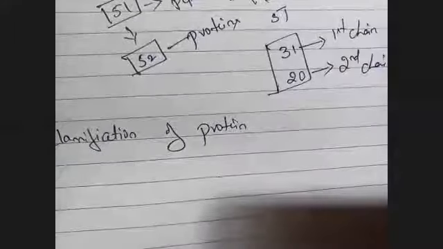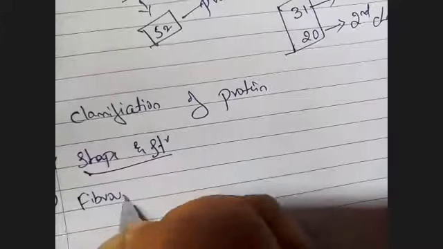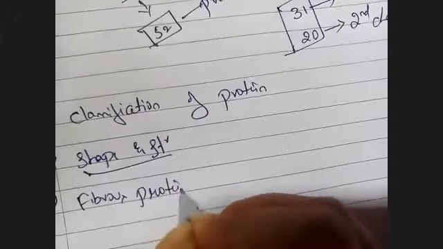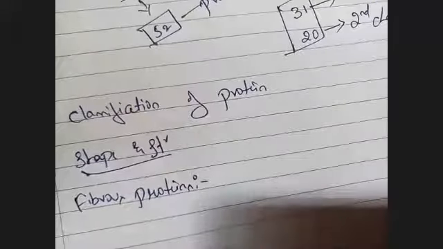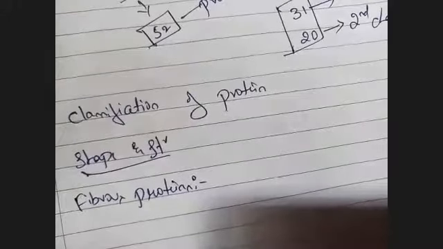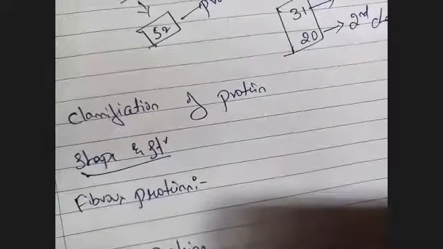Based on the shape and structure, you have two types of protein: fibrous proteins and globular proteins.